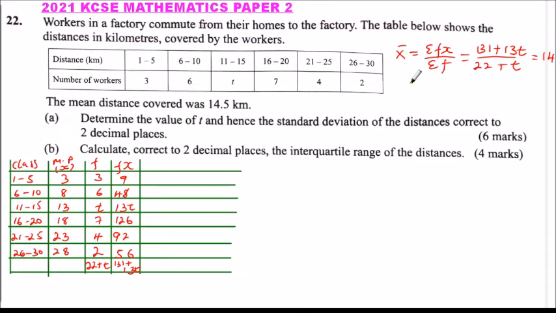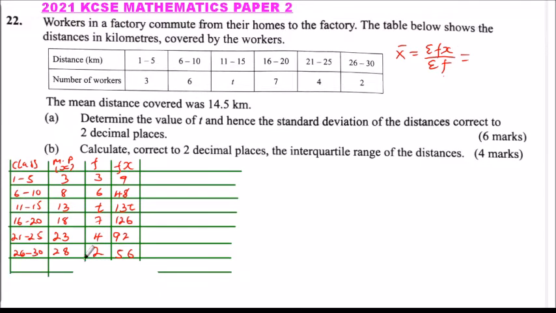So you say 131 plus 13t is equal to, you cross multiply, you'll be able to get, I think here we have made a mistake. Let's correct that. Here we need to correct this.